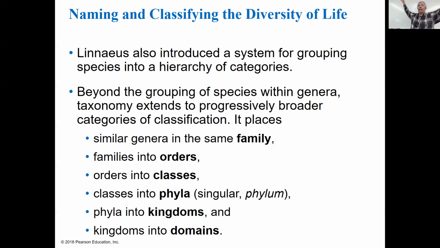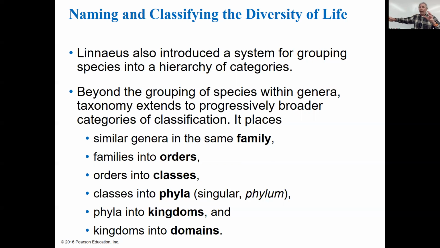So there's a gigantic number of organisms in the kingdom Animalia, but there's a smaller number of organisms in the phylum Chordata, which is our phylum, or the phylum Arthropoda, which is insects and spiders and everything. And so we're going to look at these smaller and smaller classifications down to individual species.